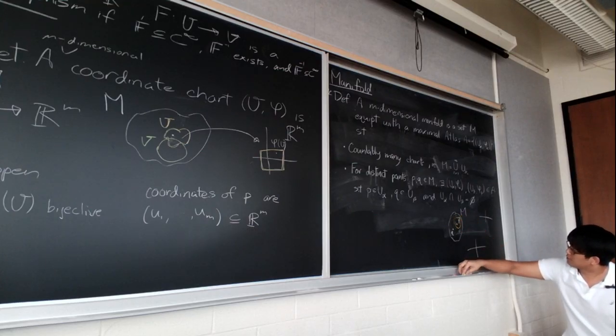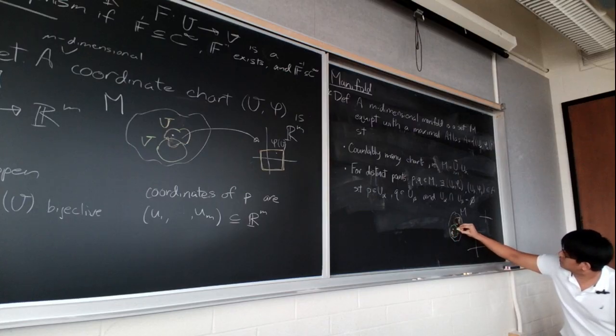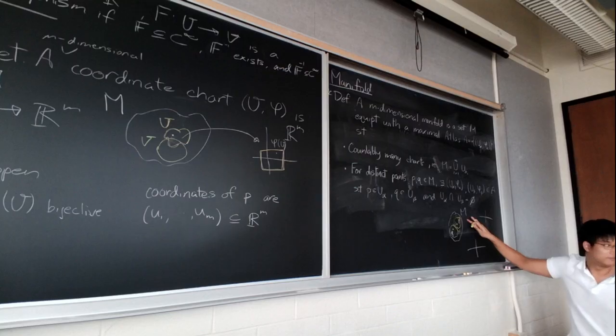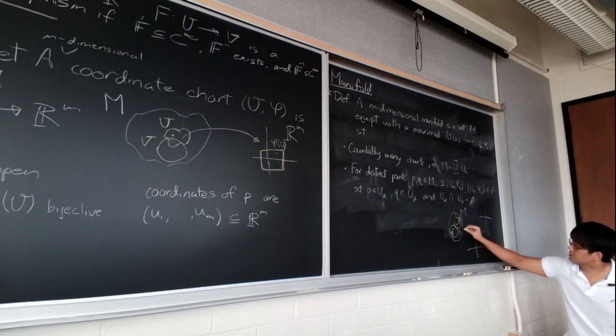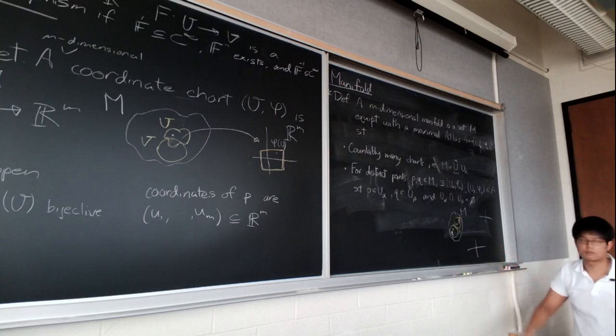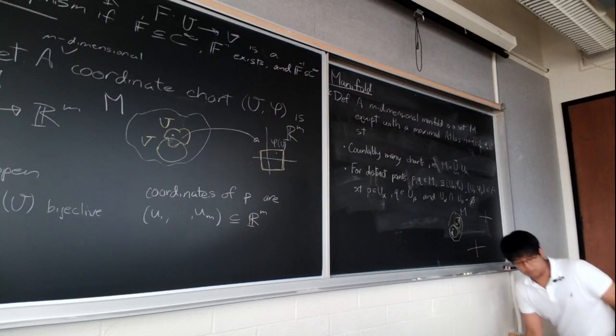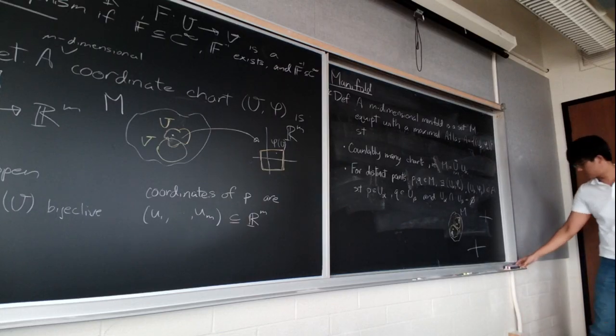So we now additionally impose this condition on the maximal atlas of the manifold. I want to make sure that a manifold is something where the maximal atlas has this property.